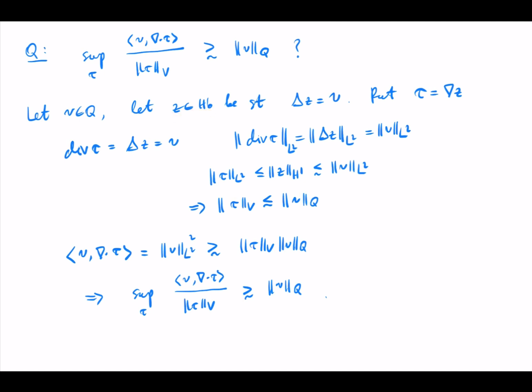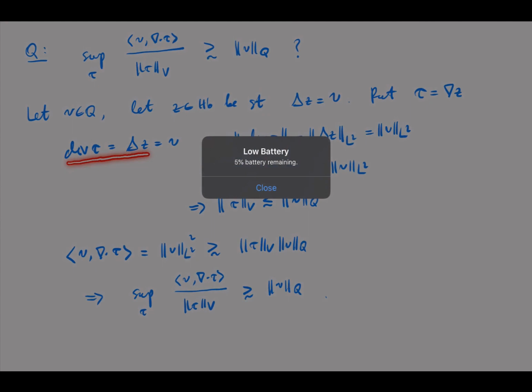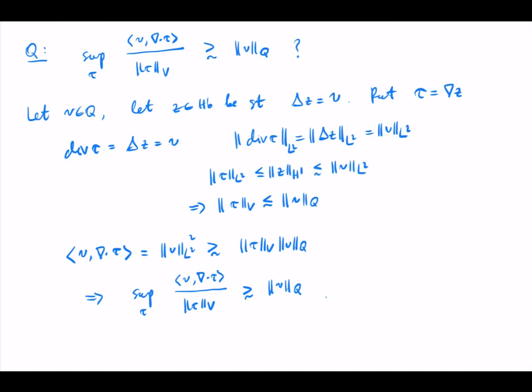So tau is this. We want to compute the divergence of tau. If you compute the divergence, it is the Laplacian of Z, and that is equal to V. We can evaluate the L2 norm of the divergence of tau, and that would be just the L2 norm of V. And in the V norm of tau, we also need to compute the L2 norm of tau.